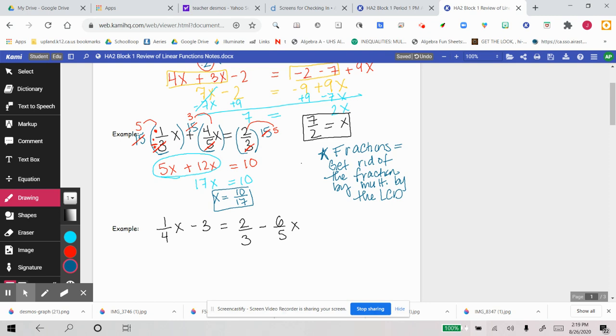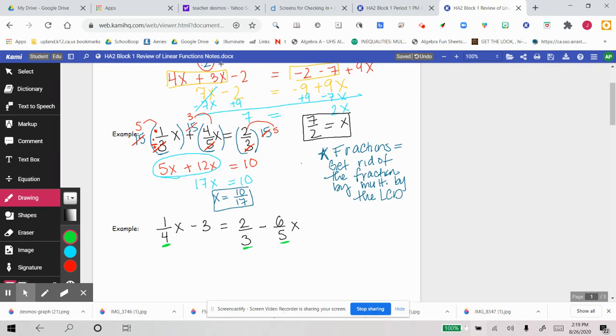So I have fractions, so I want to get rid of them by multiplying by the least common denominator. Now, if I'm going too fast, feel free to pause. This is a video, so you could always pause, try it on your own, and then see what I do. So I'm looking for a common denominator between 4, 3, and 5. We already said between 5 and 3 is 15.